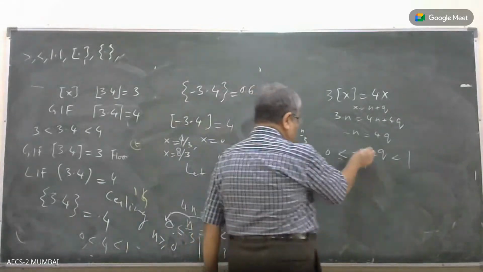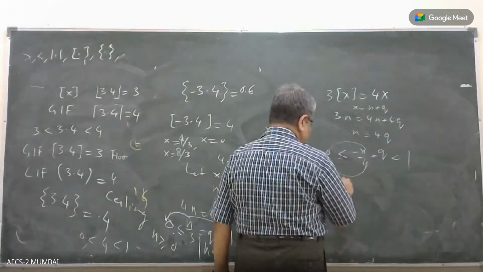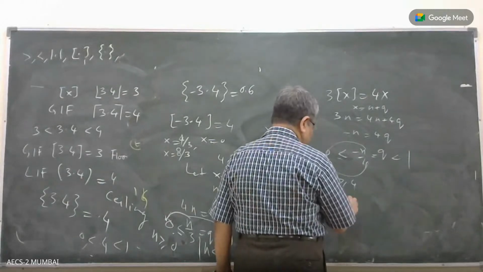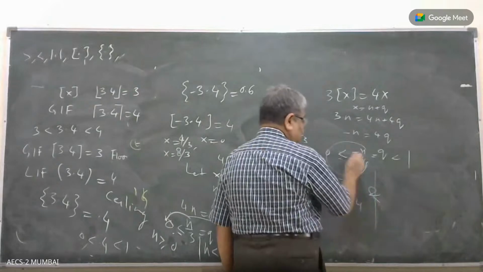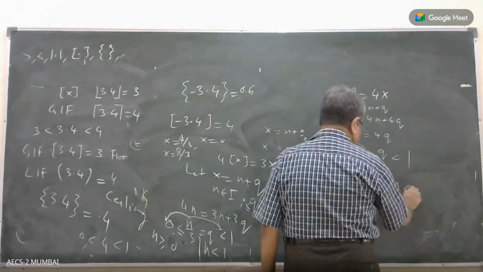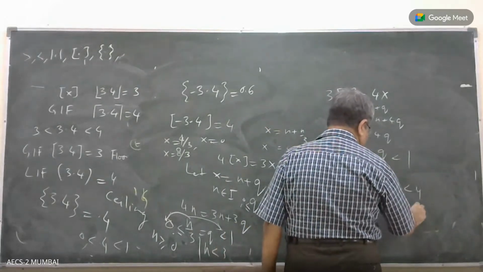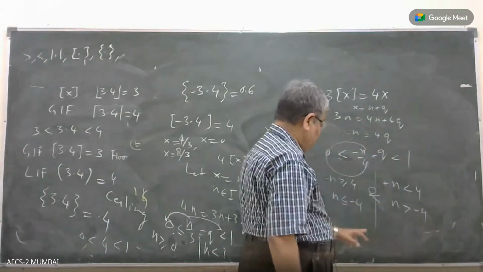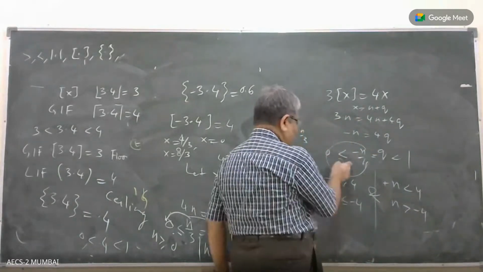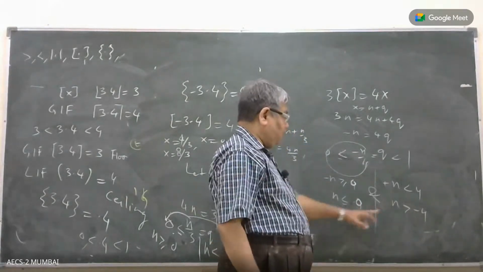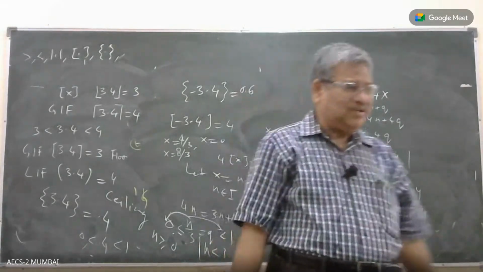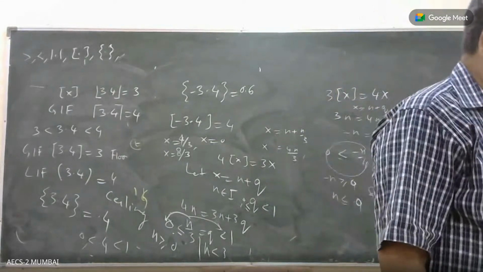If you solve this inequation, you will get minus n is greater than minus 4, that is n is less than 4. And minus n is less than 0, so n is greater than 0. Correct? So from minus 4 to 0, how many n values?